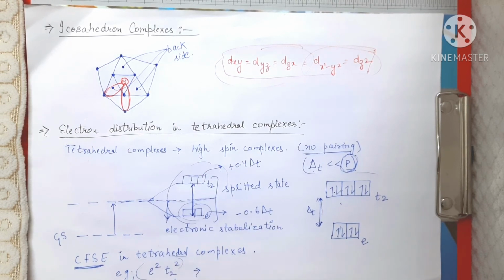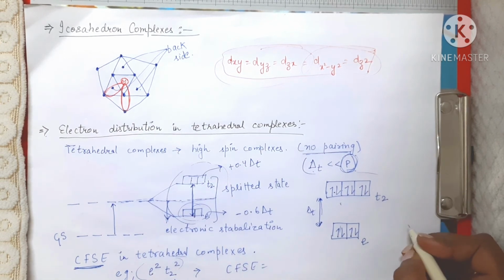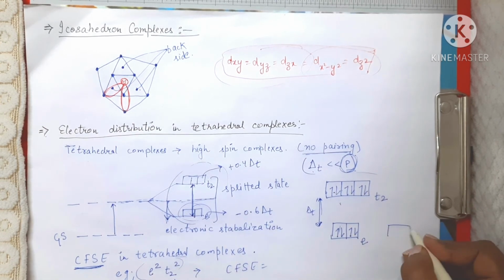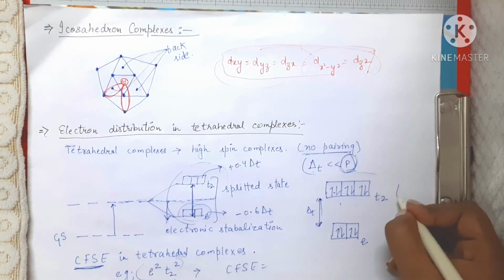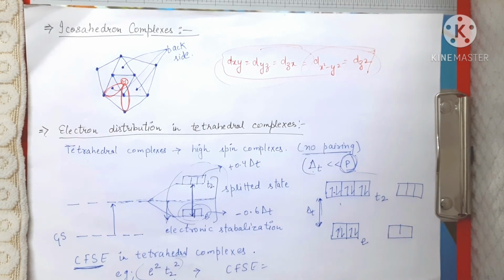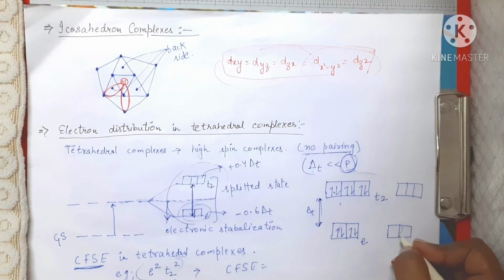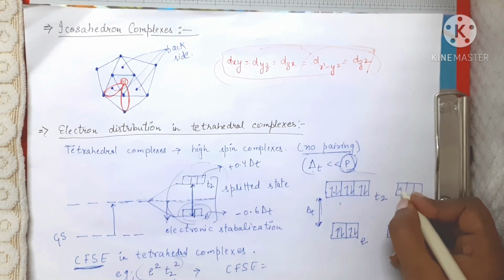Then the filling for a d4 system in tetrahedral complexes will be like this, 1, 2, 3 and 4.